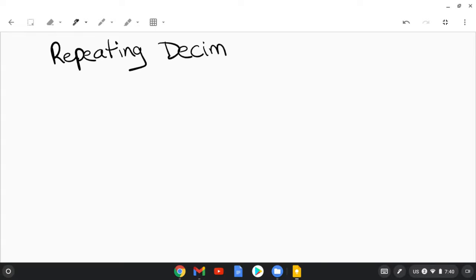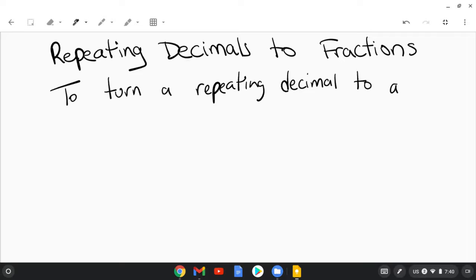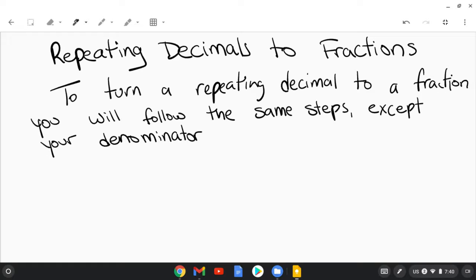Repeating decimals to fractions. So to turn a repeating decimal into a fraction, it follows the same steps.